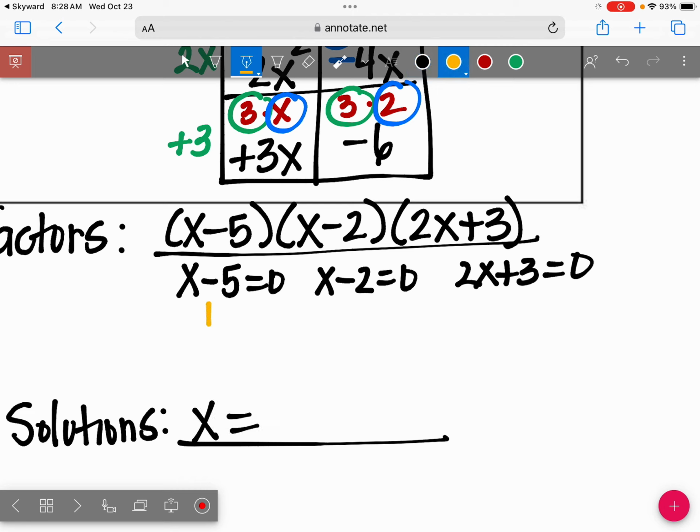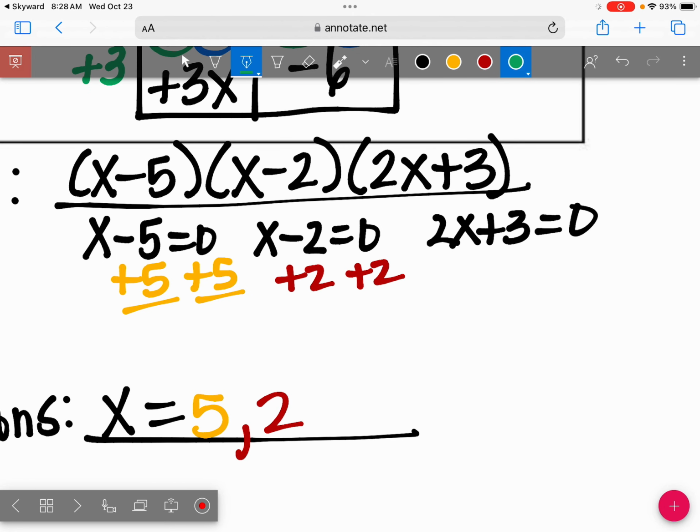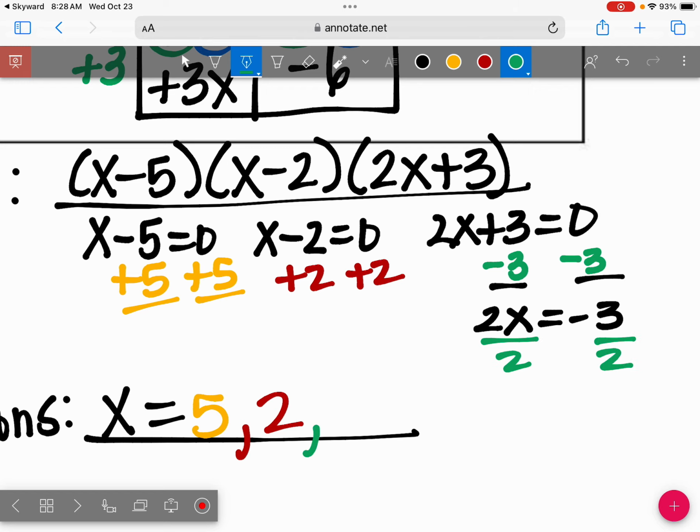For our first one, we're going to just add the 5. So my first answer would be positive 5. My second one, I'm just adding 2. So my second answer would be a positive 2. For the third one, I have to do 2 things. I have to subtract the 3 first, and then I have to divide by 2. So I get -3 over 2.